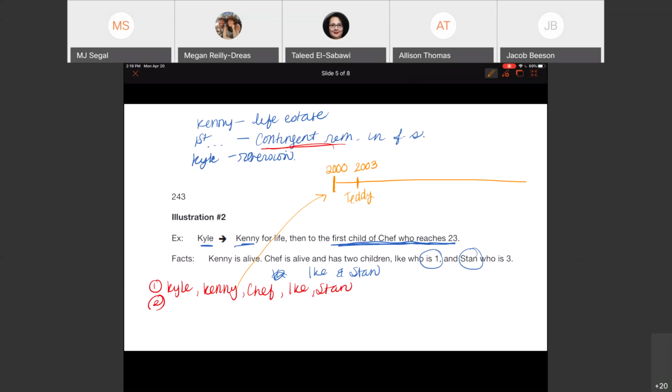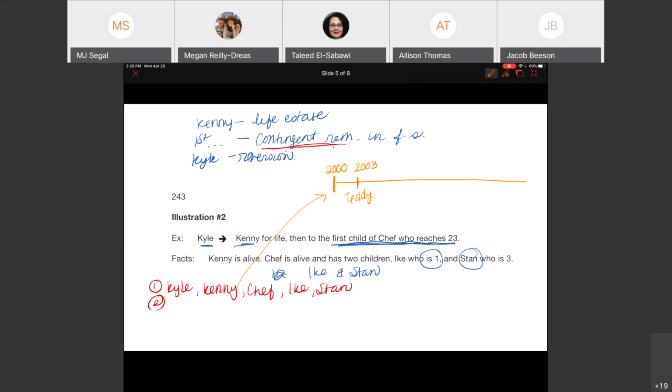And so we give birth to Teddy. Teddy's born. So who are you giving birth to? You're giving birth to anybody that might affect the conveyance. So look for class gifts, and that's who you know that you have to birth.